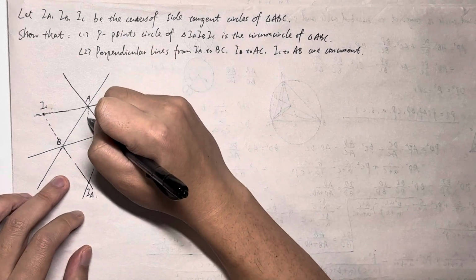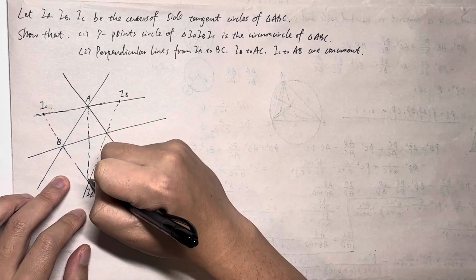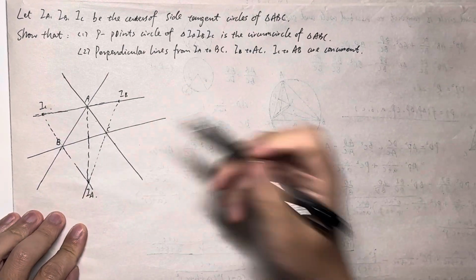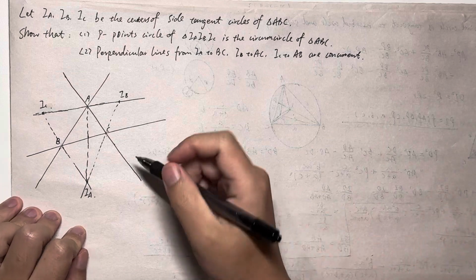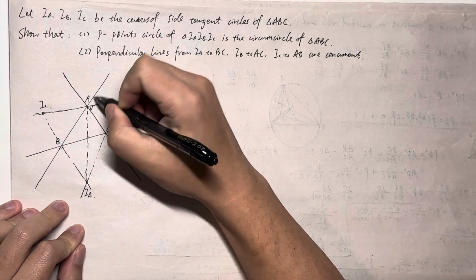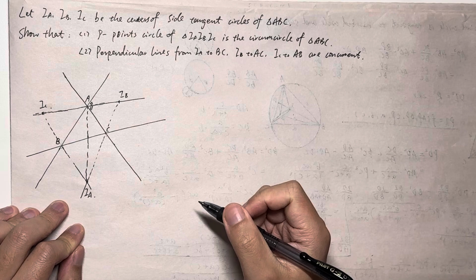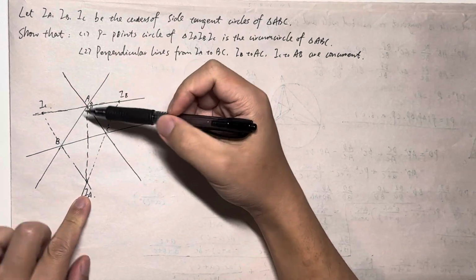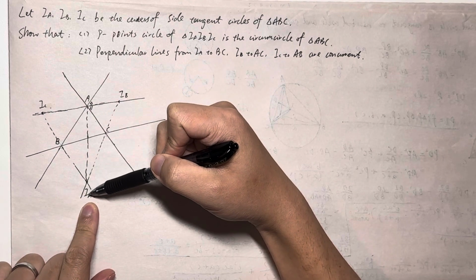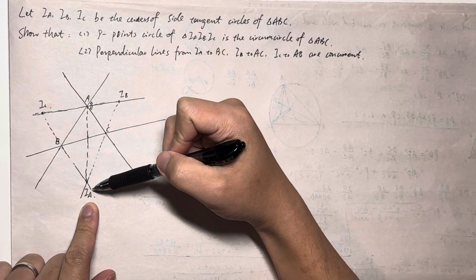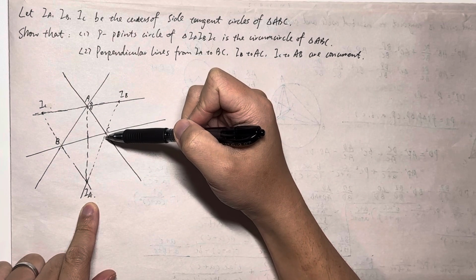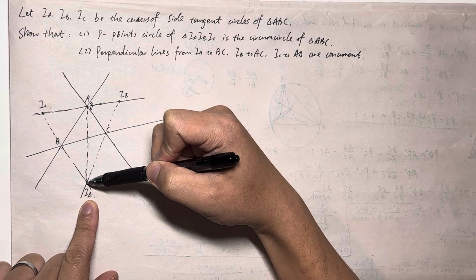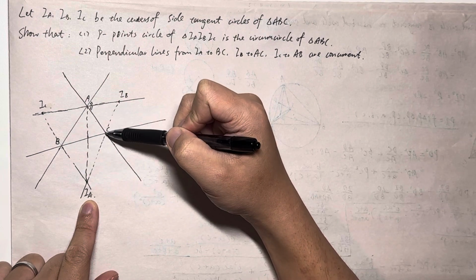So we can directly connect AIA here. And let's just do a little research on AIA, right? Think about this. This angle equals this angle, right? And because the distance from IA to AB equals the distance from IA to AC, that means AIA is also the angle bisector of angle BAC, right?